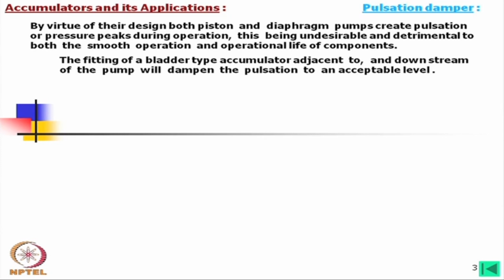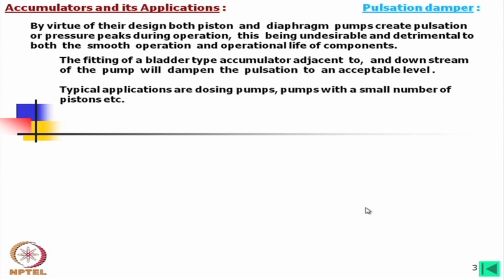In fact, the bladder initially remains inflated, and then gradually its size reduces and the oil is stored inside. However, it is also possible that gas and oil are in contact, and no bladder is used. In any case, the fitting of a bladder type accumulator adjacent to and downstream of the pump usually dampens the pulsation to an acceptable level.